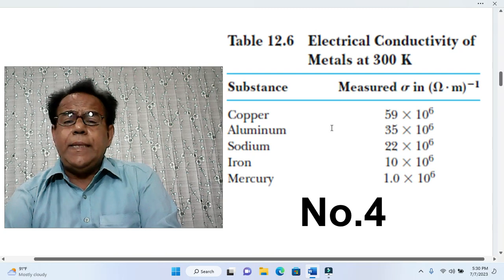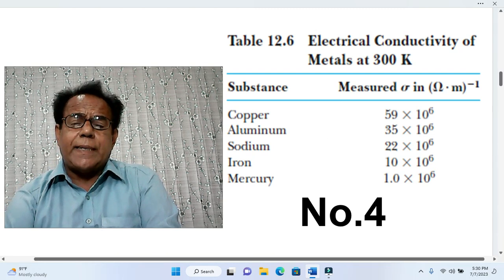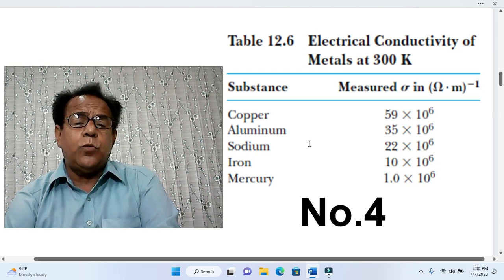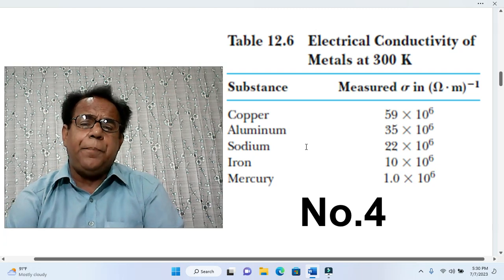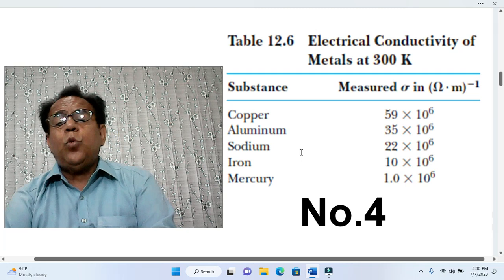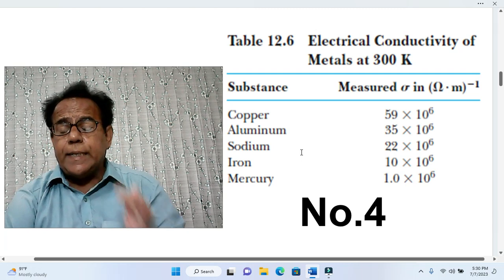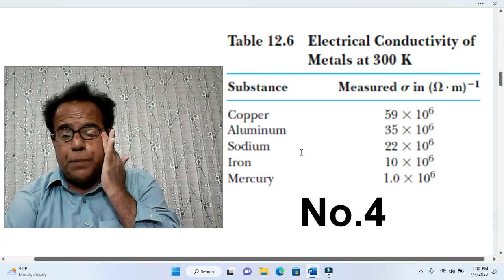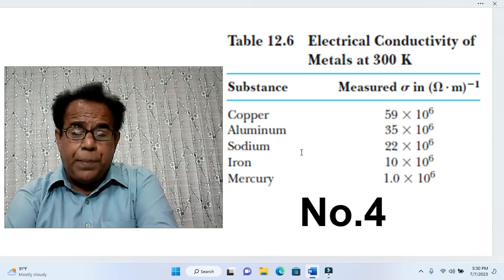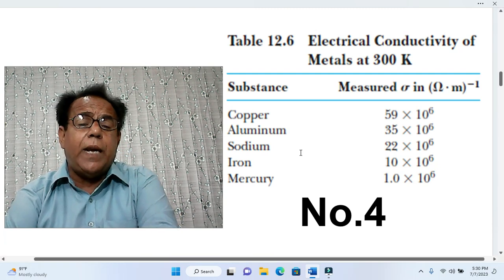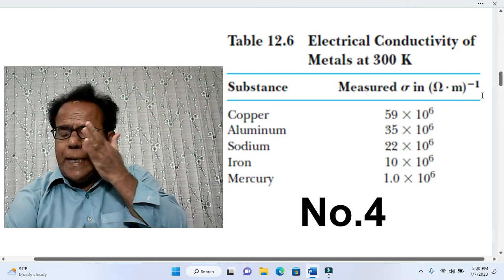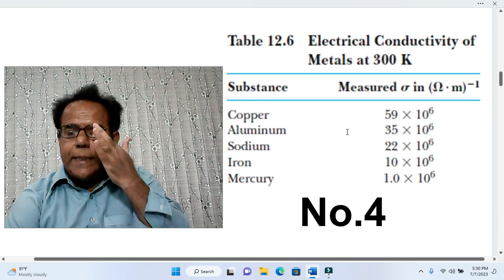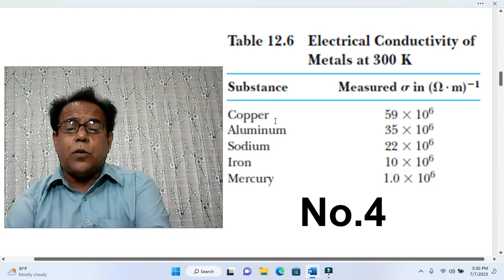So in this problem we are taking room temperature as 20 degrees centigrade. We will convert that 20 degrees centigrade into Fahrenheit and Kelvin. When we convert 20 degrees centigrade into Kelvin, it becomes about 293.15 Kelvin. So 300 Kelvin and 293.15 Kelvin are close to each other.